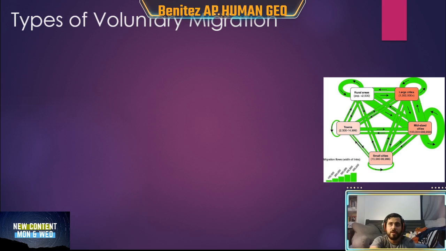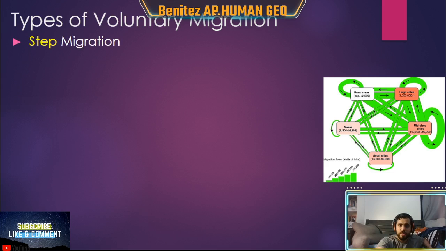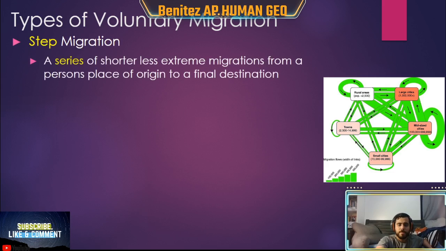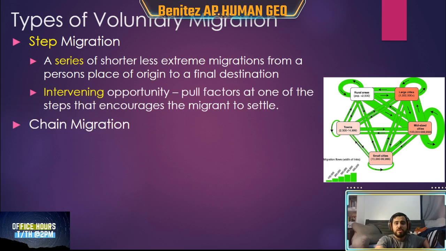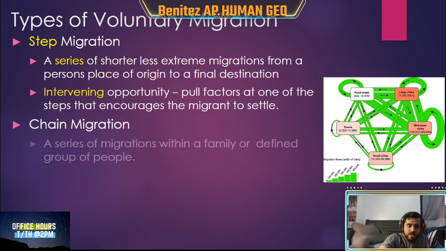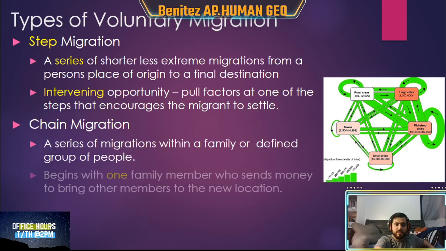What is voluntary migration? An example of voluntary migration is something called step migration. Feel free to read the definition. And there's another type of migration called chain migration. Make sure you guys pause the video and read the definitions.